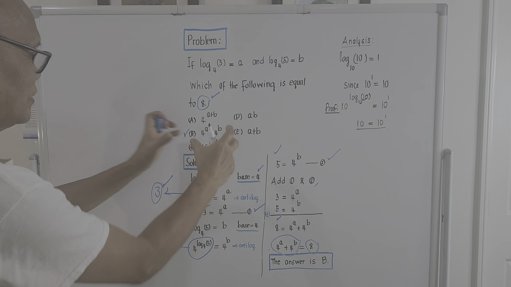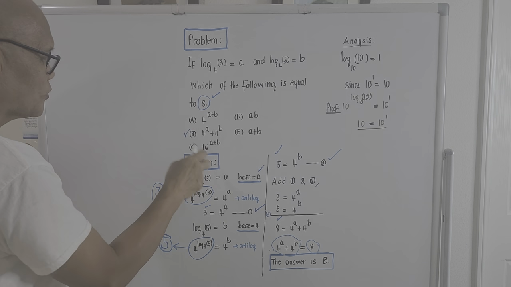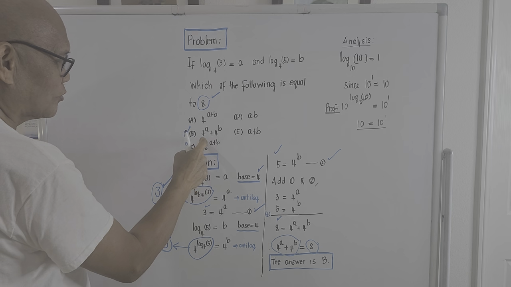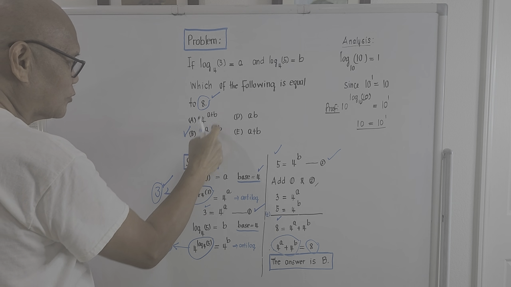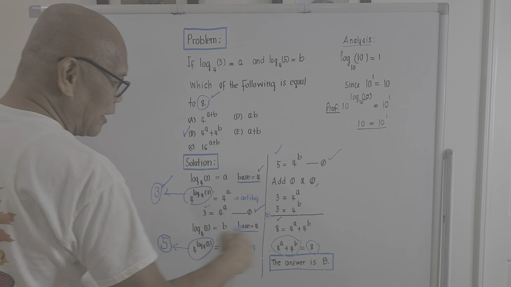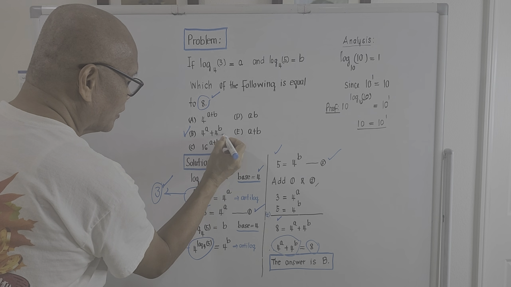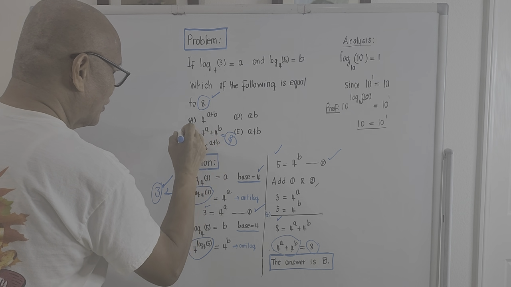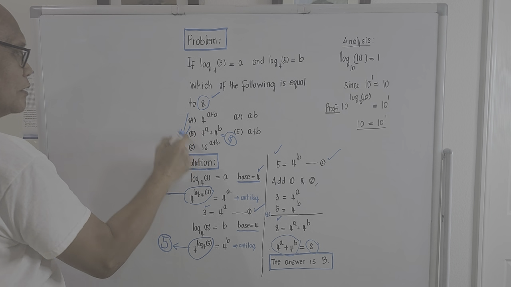So if we go back to the selection of answers, obviously the correct answer is letter B. The correct answer here is 4 to the a plus 4 to the b. As per our computation, this is equal to 8. So the correct answer is letter B.